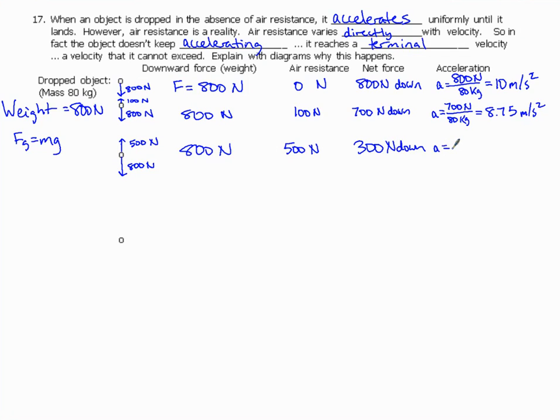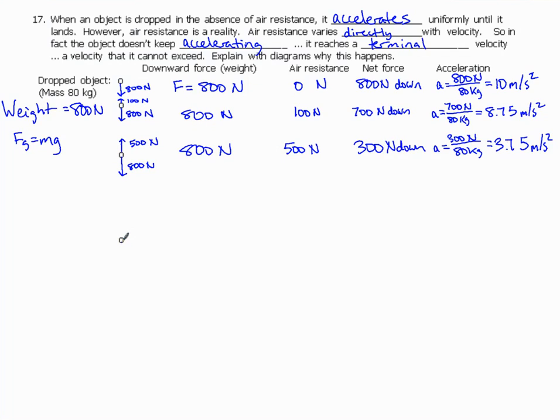So the acceleration now, 300 newtons divided by 80 kilograms, we have 3.75 meters per second squared. So the acceleration is decreasing because there is an upward force from the air itself.